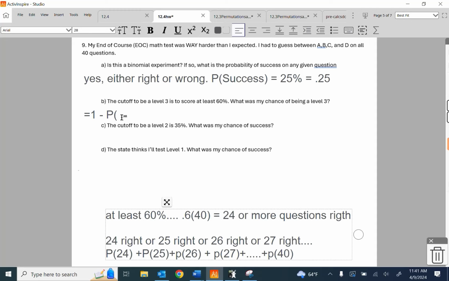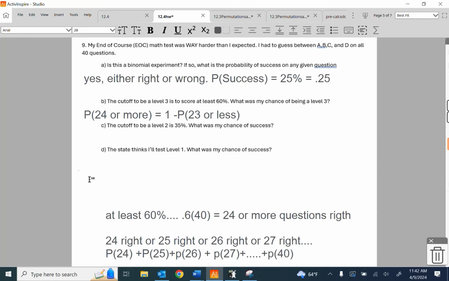I really don't. So what I'm trying to talk about here is the complement. The probability of 24 or more is going to be 1, for 100%, minus the probability of 23 or less.